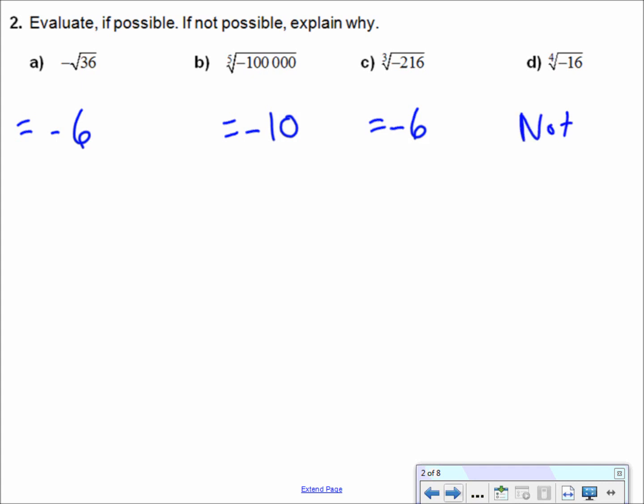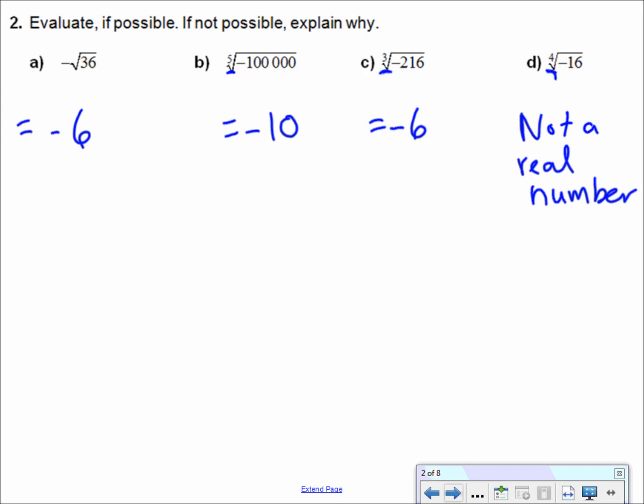Not a real number. What happens here is you can only take a root of a negative number if it is an odd root. Did you notice that 5 is an odd number? So it works. 3 is an odd number, it works.